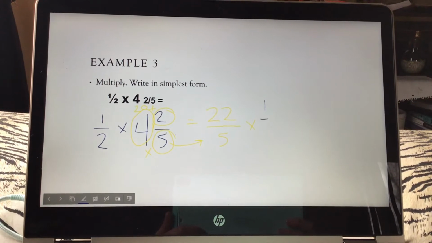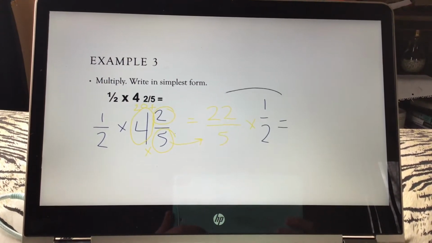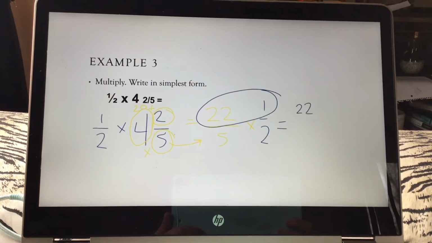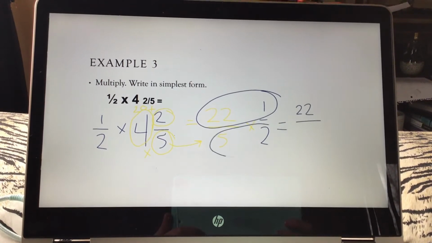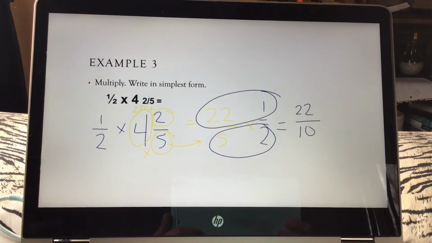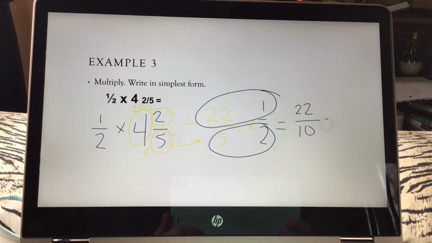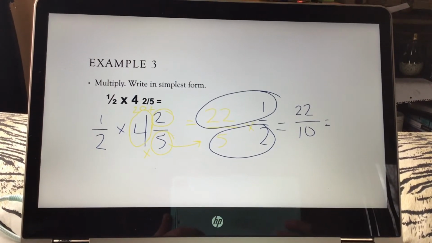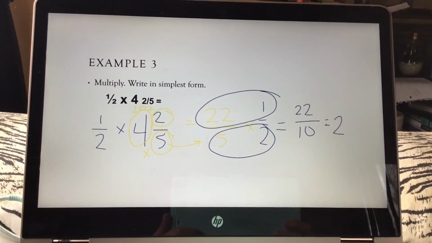And that's times 1/2. Okay, multiply our numerators: 22 times 1 is 22, over 5 times 2, which is 10. Are we done? No. It is an improper fraction, so change it into a mixed number. How many 10s go into 22? 2. We're at 20.